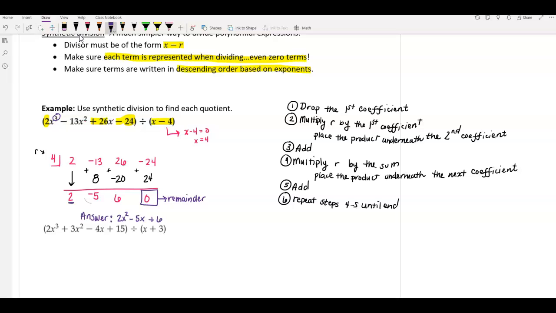So you just write each coefficient in descending order, starting with 1 less than the original dividend. So we had a cube first, and so we just take 1 away and it becomes a square, and these are our new coefficients. So these right here are very important because these are our new coefficients.